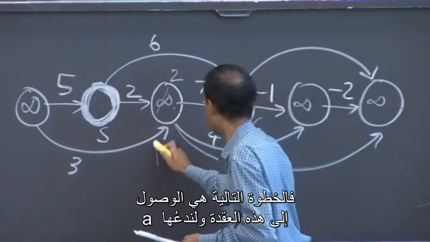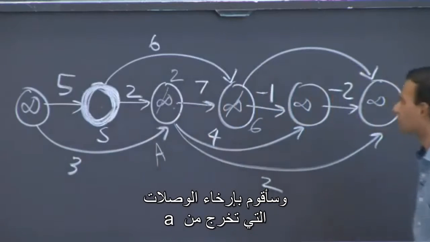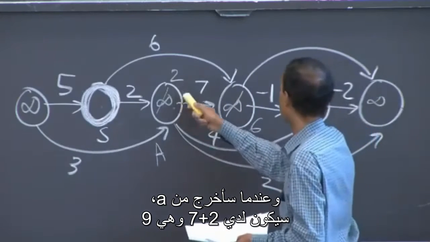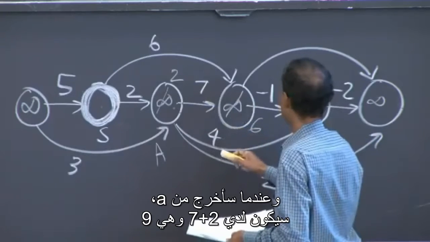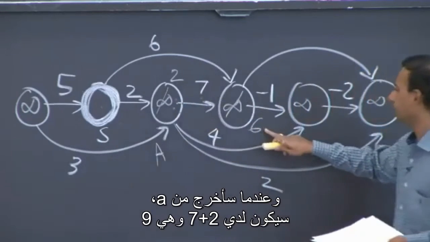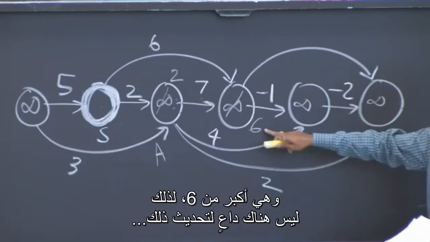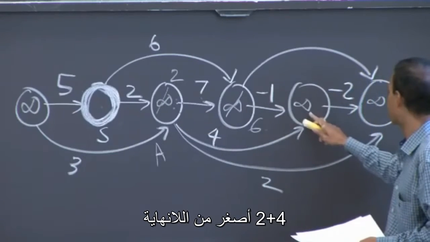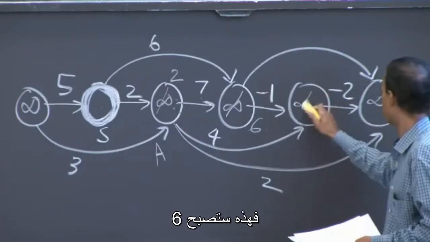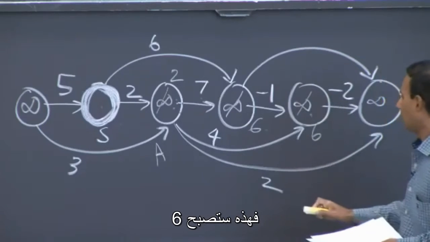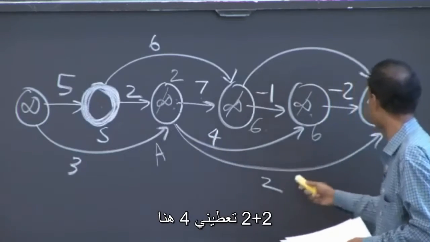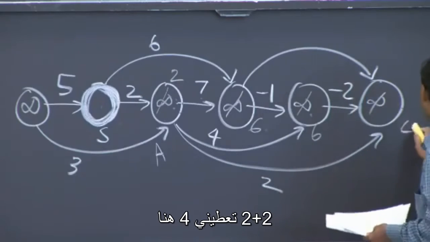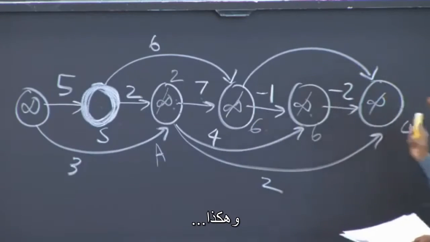Let's call that the vertex A. And I'm going to relax the edges going out of A. And when I go out of A, I get 2 plus 7 is 9, which is greater than 6. So there's no reason to update that. 2 plus 4 is less than infinity. And so that's 6. 2 plus 2 gives me 4 here, and so on and so forth.